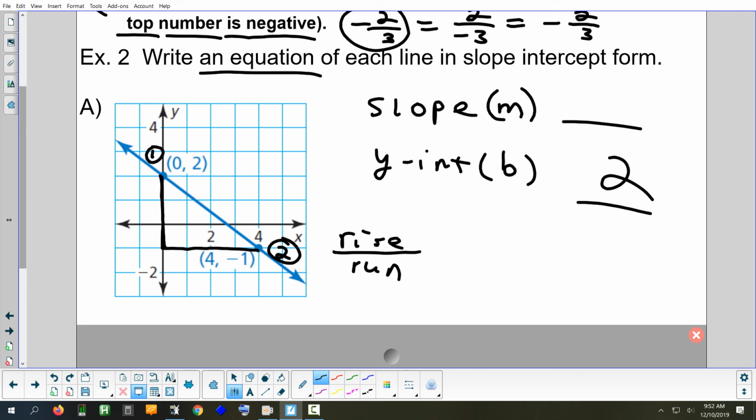Negative 3, over, and now my run is to the right: 1, 2, 3, 4. How am I going to write that? Just 4. And that's the only extra step in this problem compared to the first one. That's it. Now we can write the equation.